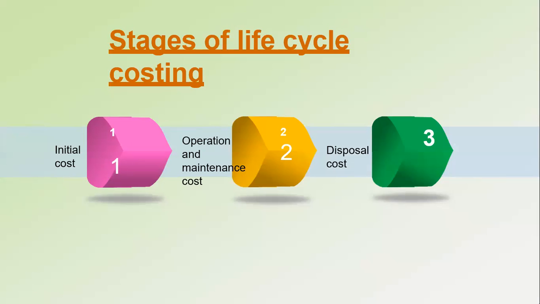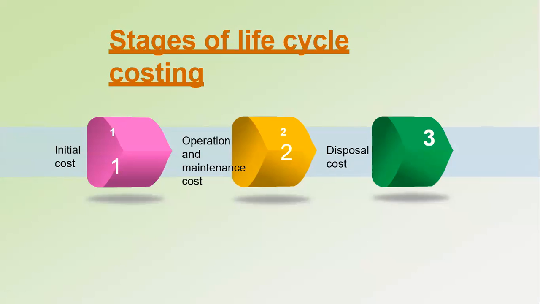That's why in the diagram the incremental arrow is shown going forward. Initially it is a little less, next a little more, and further it is again more. This is called the stages of life cycle costing. There are three stages: initial cost, operation and maintenance cost, and disposal cost.